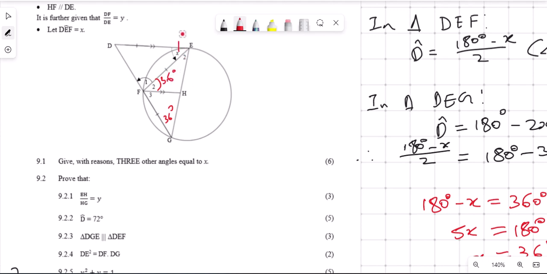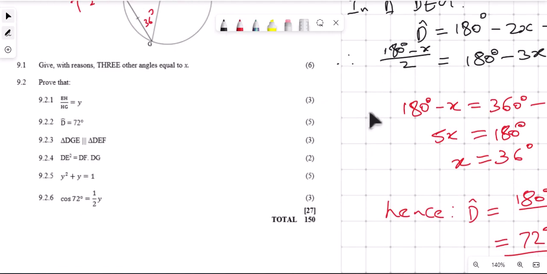This is also 36. This is also 36. This is 72. This is also 72. Making our life very much easy for the next question.